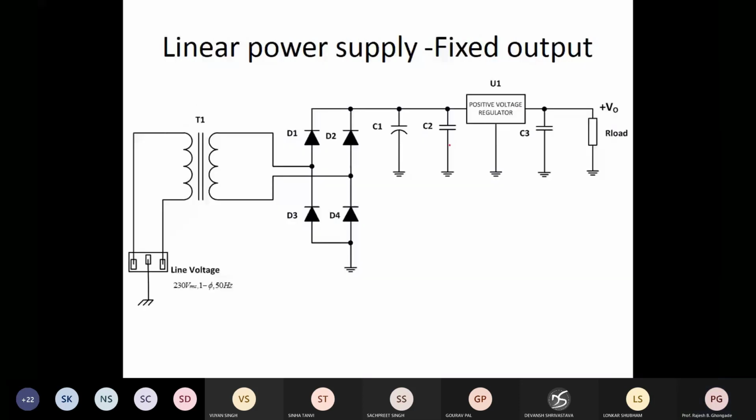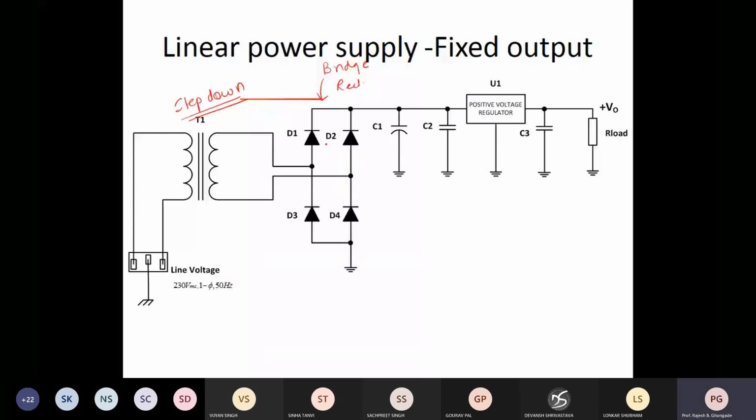So how do you design a linear power supply with the 3-terminal regulator? So this is the complete view. What you have here is the step down transformer. Then you have the bridge rectifier. Most of the times bridge rectifier is preferred.